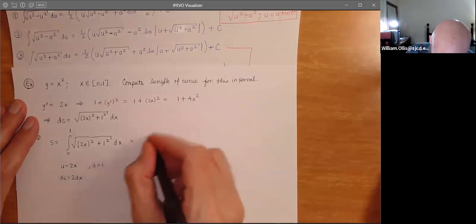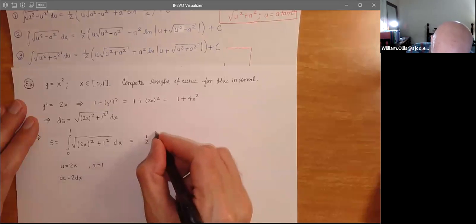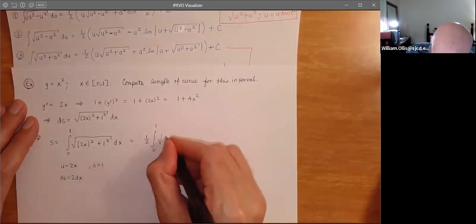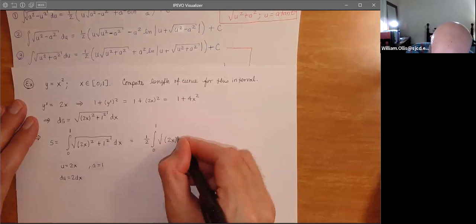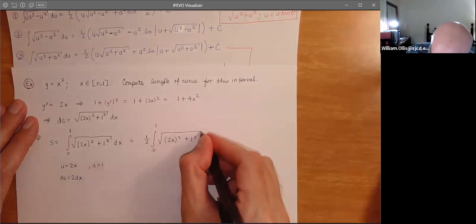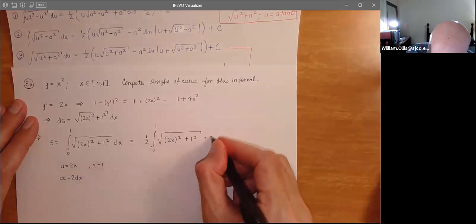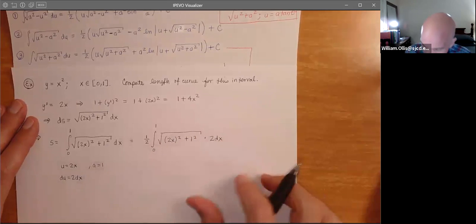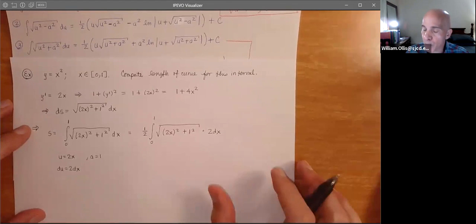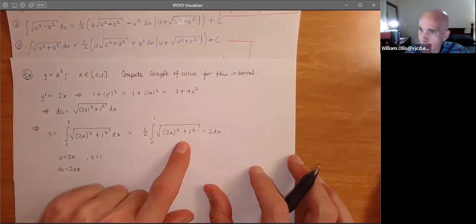So this will equal, in this case, 1/2 the integral 0 to 1 square root (2x) quantity squared plus 1, 2 dx. So this is like we're doing Calculus 1. I wanted to save this for last when it would be easier for you. So now this is just basically what we do when we use an integral table. So this is table ready.